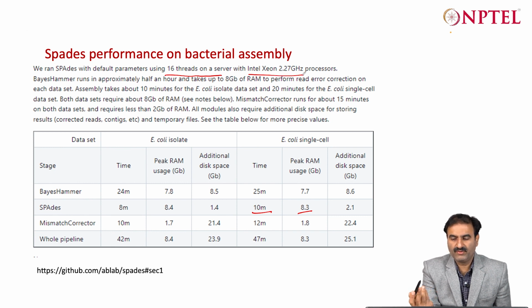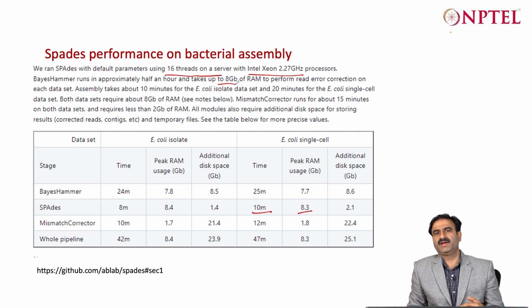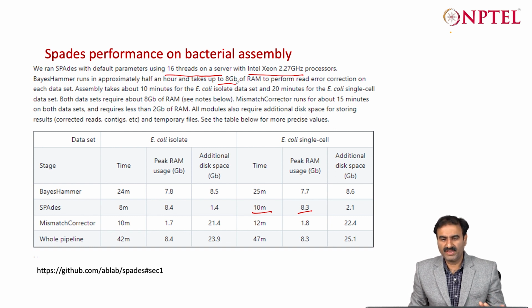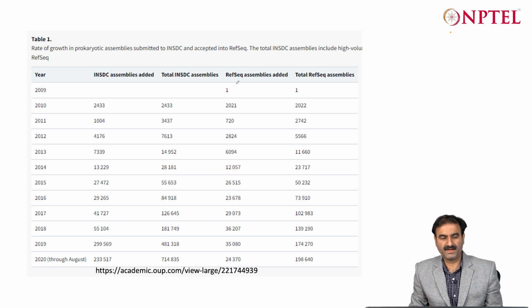Intel 2.27 gigahertz processor, even though these days people are dealing with 3 or 4 gigahertz processors, okay, and 8 GB of RAM, which is also minimal. So that way you can complete the complete analysis in about 20 minutes for E. coli. So this does not have a lot of computational requirements, and you can easily run the bacterial assembly on your local system.